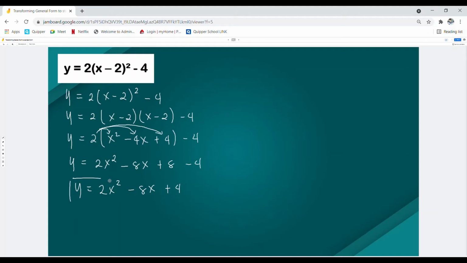It's already written in general form. So again, from vertex form to general form. Simple, very simple, right? Vertex form or standard form to general form. I think that's it.